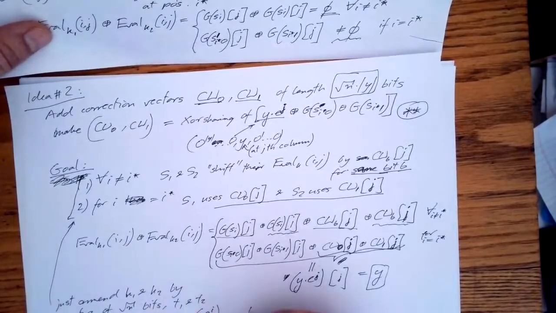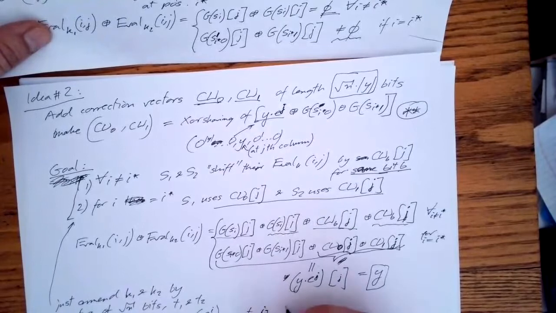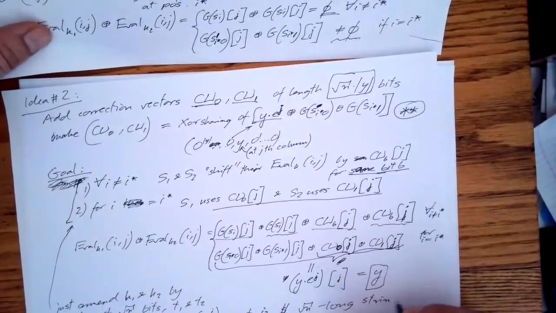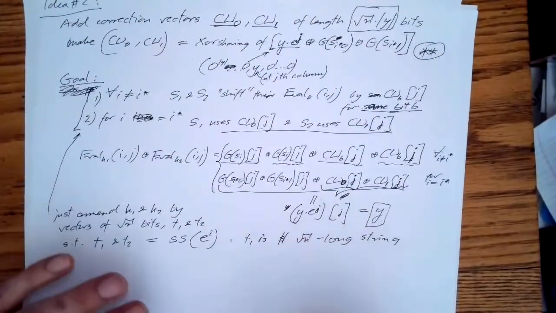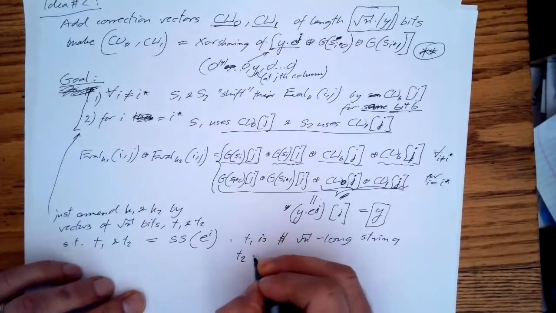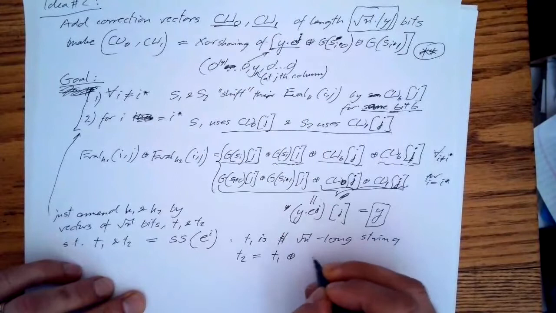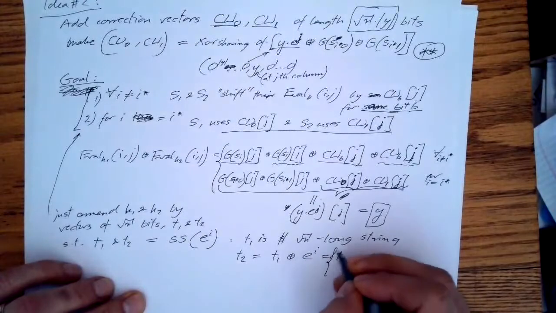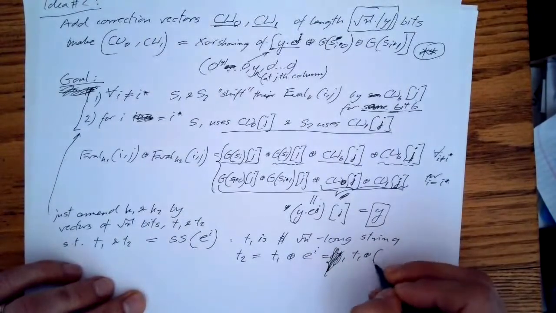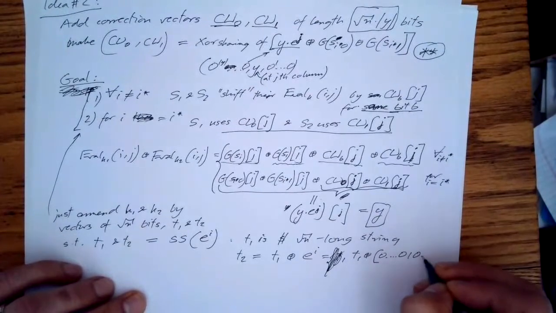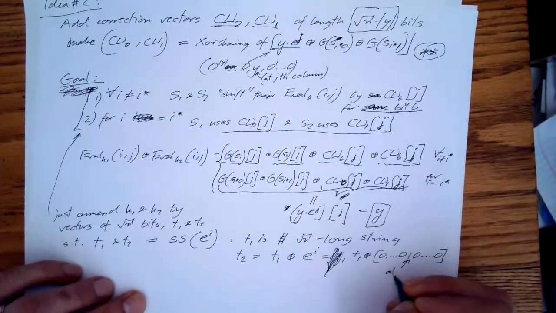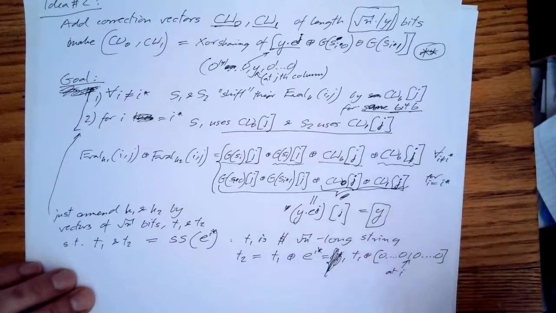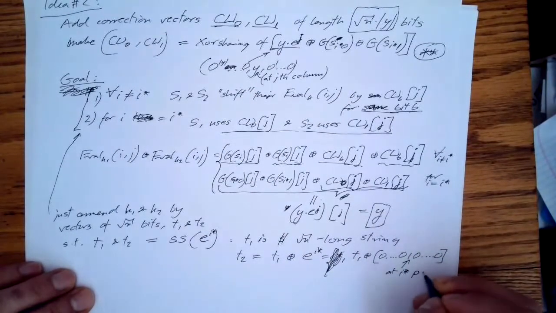In other words, T1 is a random square root of n long string, and T2 is T1 XOR EI. In other words, it's T1 XOR 0, 0, 1, where the 1 is at the I star position.